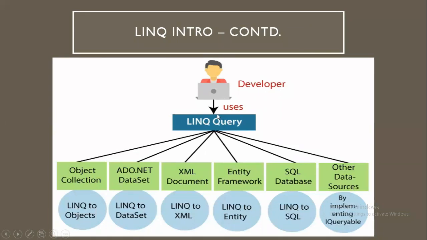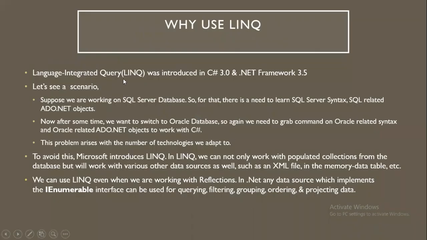If the developer wants to work with datasets, LINQ to DataSet, there will be an ADO.NET dataset. If the LINQ query based developer wants to work with XML, it's called LINQ to XML, and the middle interface will be XML docs. For LINQ to Entities, you have to use the Entity Framework. It means that the Language Integrated Query was introduced in C# 3.0 and .NET Framework 3.5.